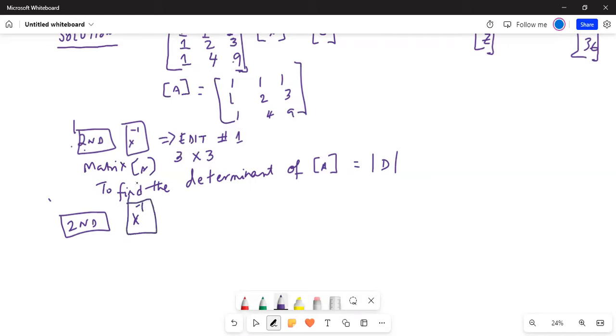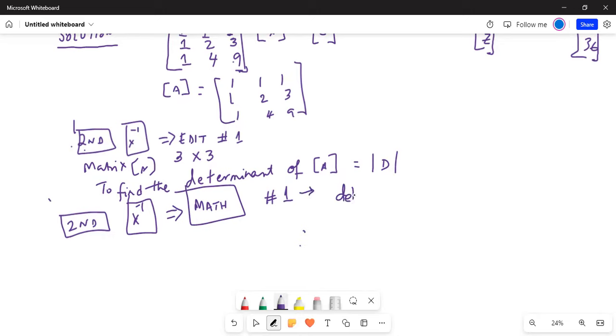Then you highlight in the top row math, not edit, but math, which is the second option. Then you select number 1. This leads to det on your calculator screen.